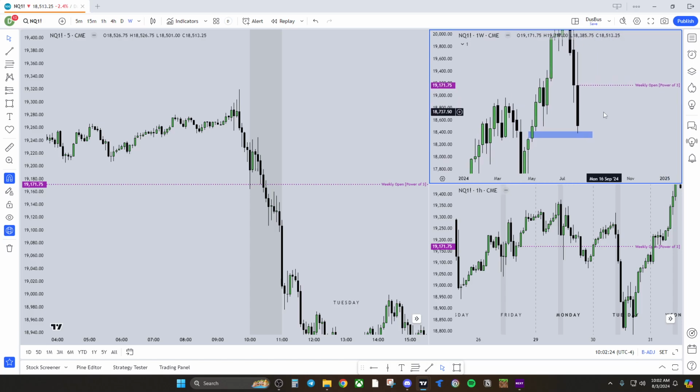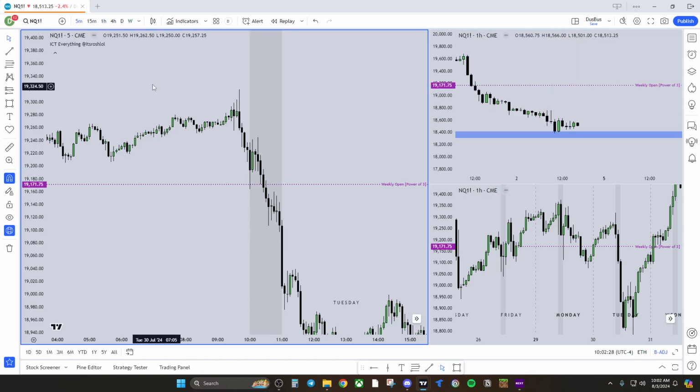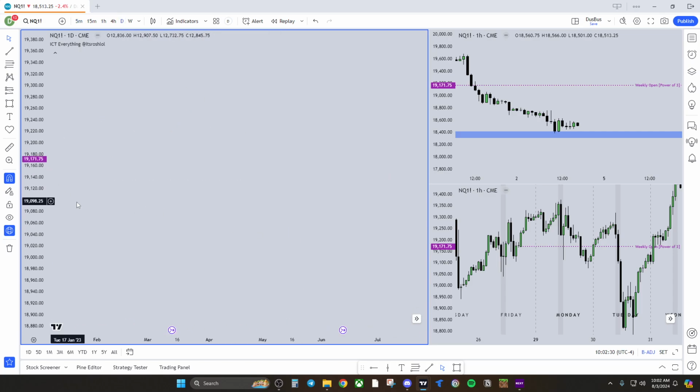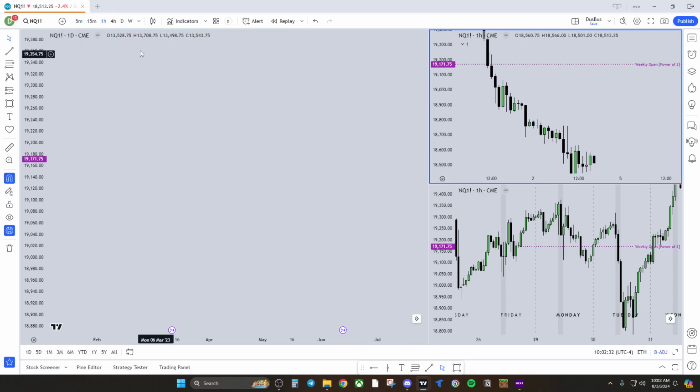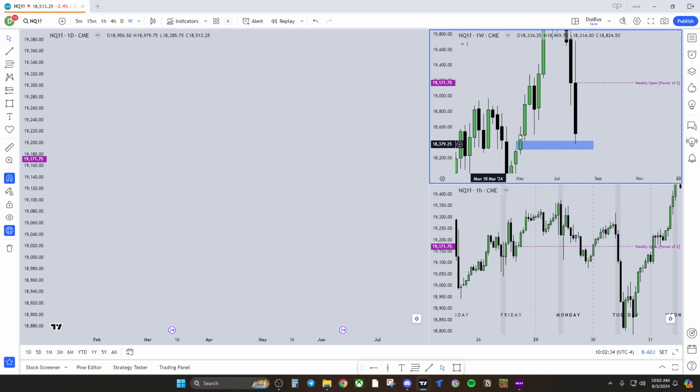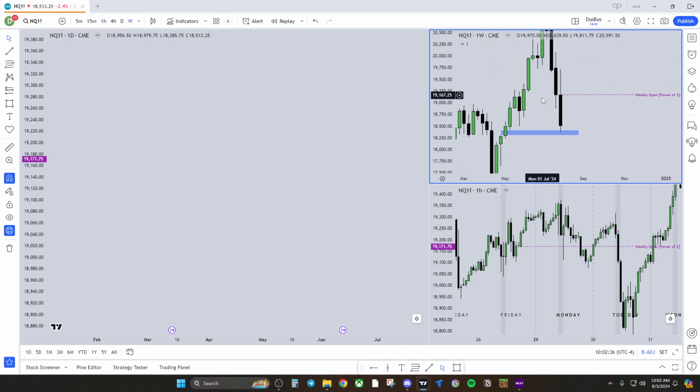So, I just want to go over this week and how you can use my outlook to make some money. Go back to the weekly. Before this week opened up, I was looking for this sell side and this weekly buy side for the expansion.